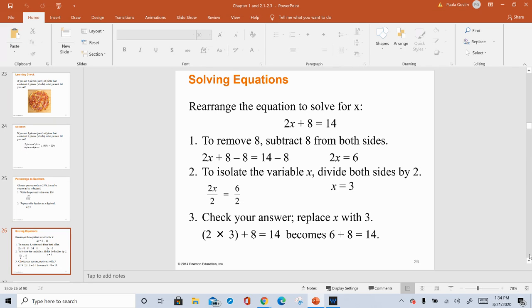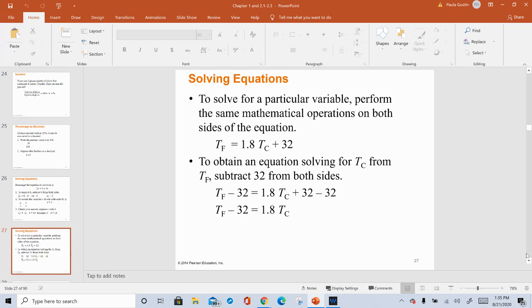Then 14 minus 8 is 6. So we're left with 2x equals 6. Then to isolate x by itself, you would divide both sides by 2, and 6 divided by 2, x equals 3. If you want to double check your answer, you plug in: 2 times 3 is 6, plus 8 is 14.